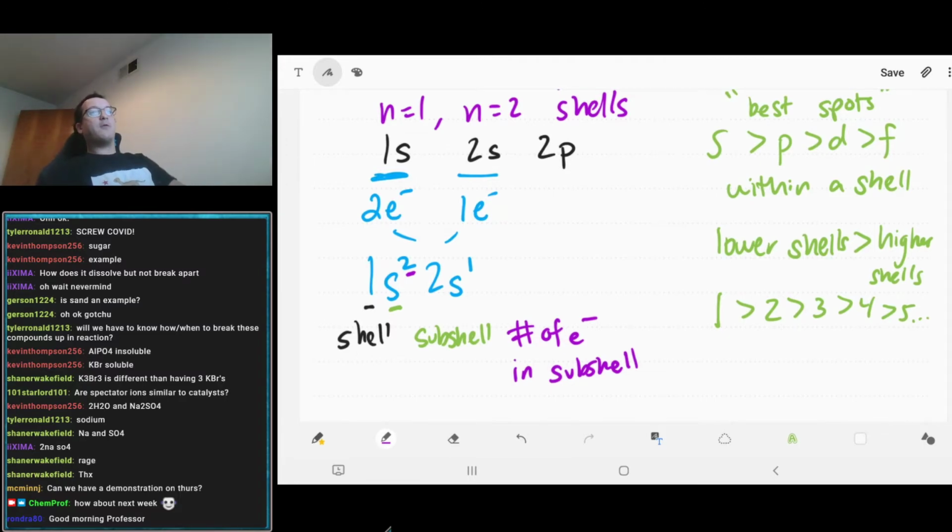So for our lithium, we can describe the electrons of lithium in this manner, describing which shell the electrons are in, which subshell they're in, and how many are in that particular subshell. I know it's a ton of information, and again, the point is not obvious to you, but it will be soon. I promise you.